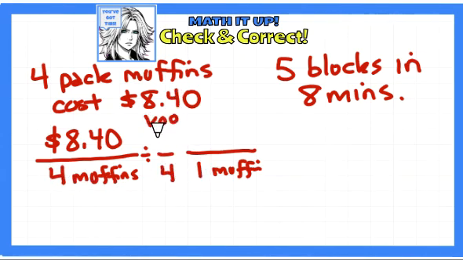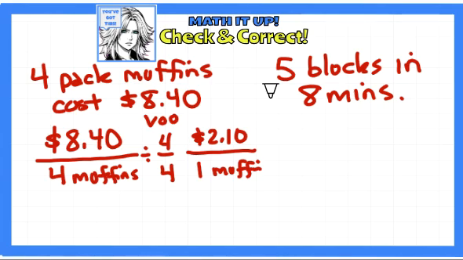And of course, if this is a 1, I need a 4 over 4. That's what turns it into a 1. And when I divide my $8.40 by a 4, I get $2.10. So the cost per muffin, the cost per 1 muffin, is $2.10.